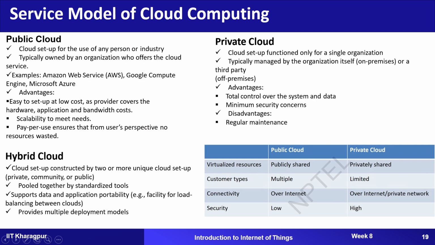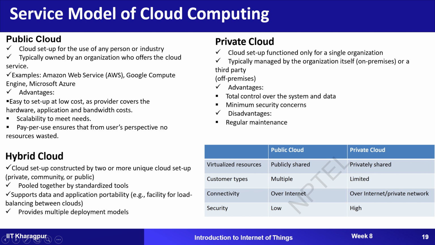So first one is your public cloud. So public cloud means cloud setup for the use of any person or industry. So anyone present in the network can access this public cloud. It is typically owned by an organization who offers the cloud service. For example, your Amazon Web Services, Google Compute Engine, Microsoft Azure.